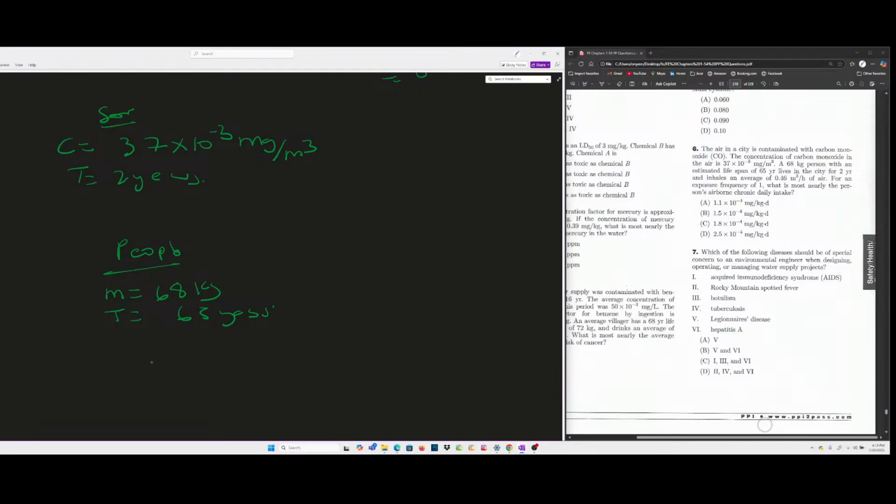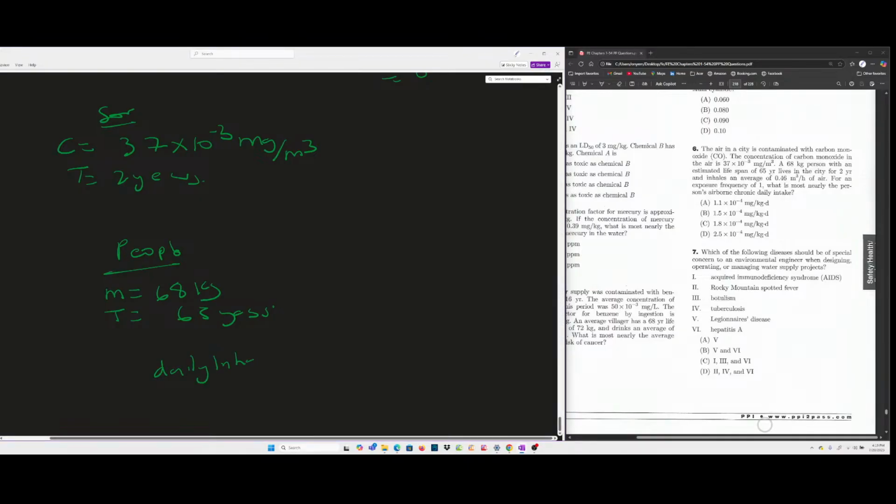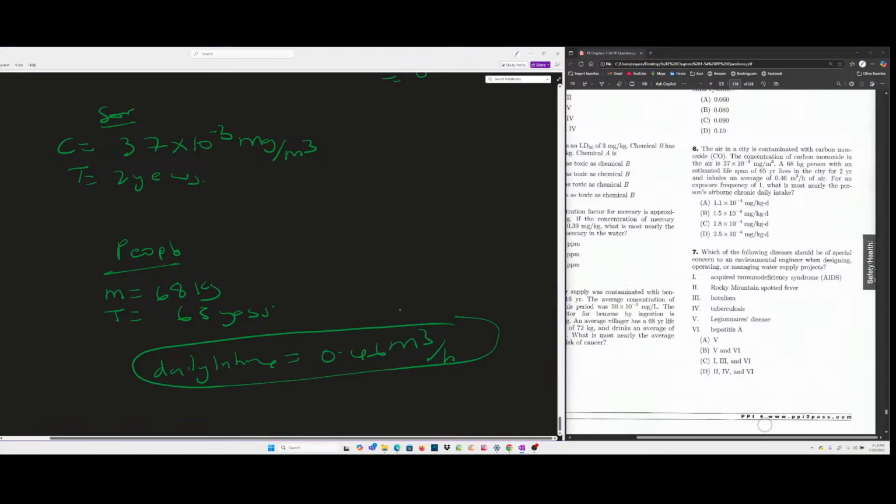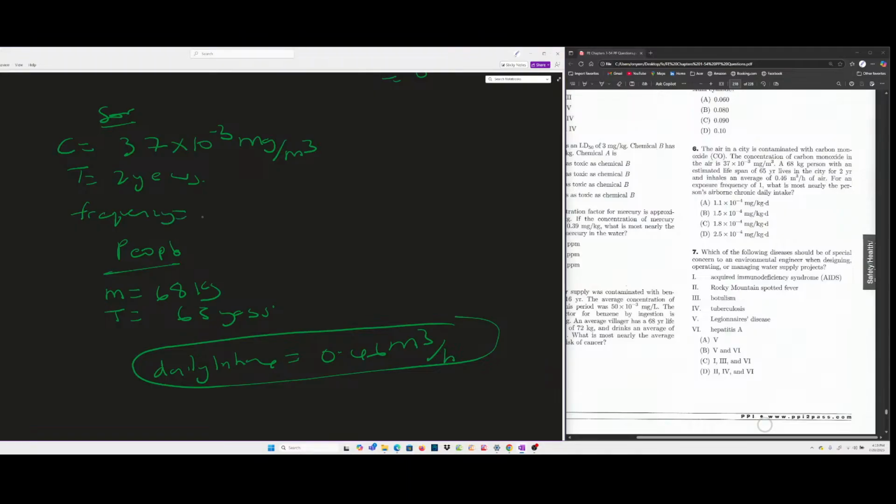And the daily inhalation, so that's the daily inhale, is 0.46 meters cubed per day. So this is what they do daily. And for an exposure frequency factor of 1, the frequency factor doesn't have a unit, so we don't really care. What is the daily dosage?